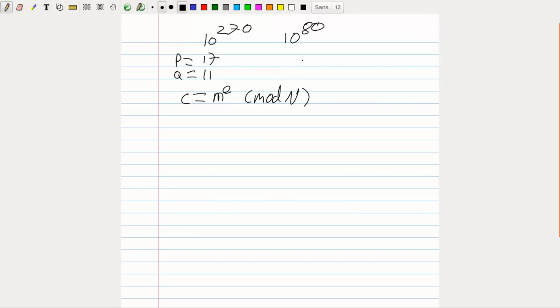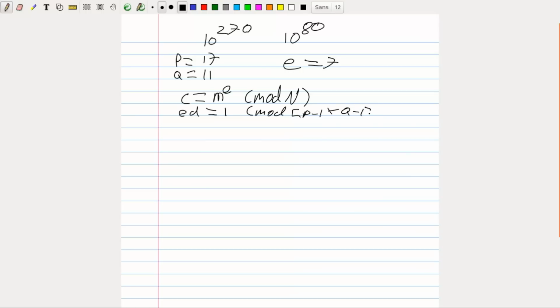So E, we also need to set the encryption key, is 7. Now this will be set by a server, and these numbers will change every minute. As I said, these numbers wouldn't be this short. They would be 10 to the power of 270 digits. Now, the second equation we need to know is that the encryption key times the decryption key is equal to 1 when we apply it to the mod of (P minus 1) times (Q minus 1).